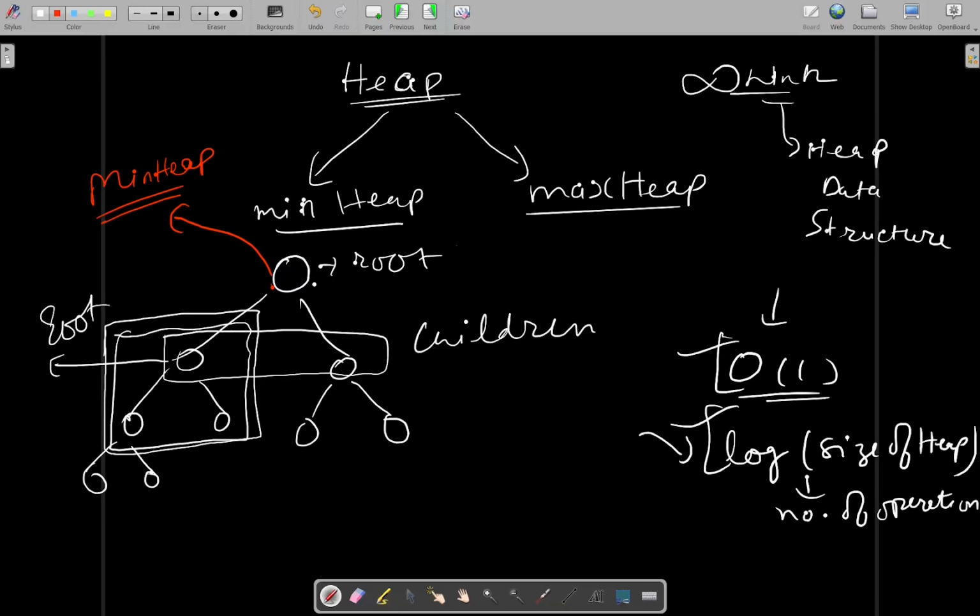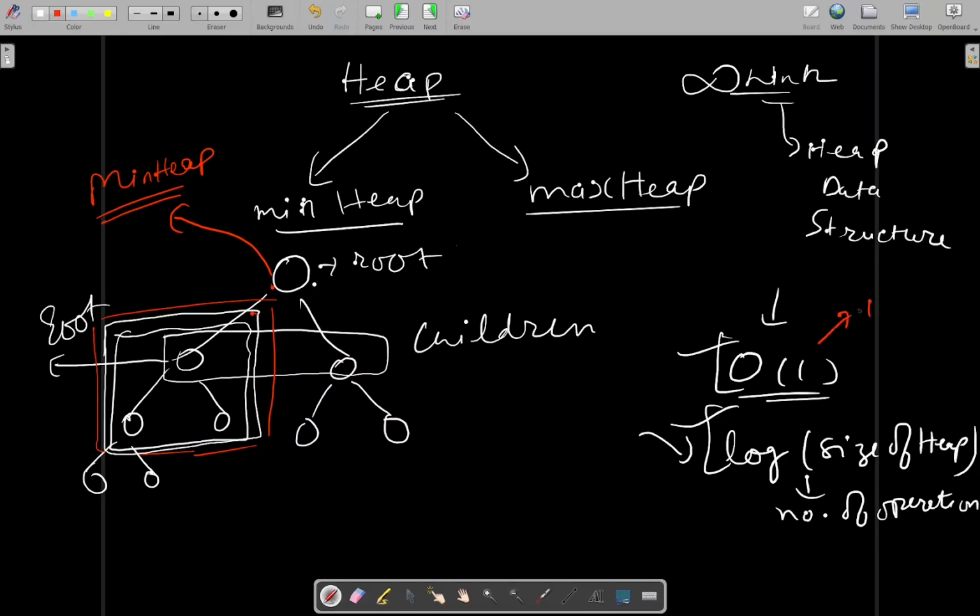So in max heap the root's value is largest, in min heap the root's value is smallest. This is recursively true for all the subtrees or subheaps that will be formed. For example, if this is the root in min heap for a subheap, then its children's values are greater than or equal to this root's value. I hope you are able to understand.